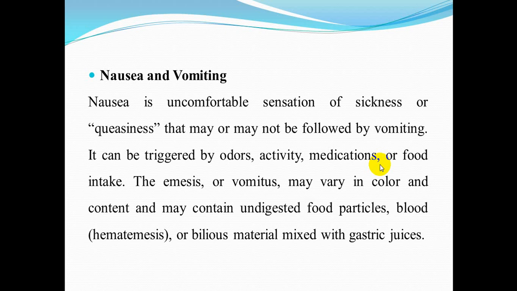The emesis or vomitus might vary in color and might contain undigested food particles, blood أو قد يحتوي على blood. يطلق عليه مصطلح الهيماتيميسيس or bilious material mixed with gastric juices.